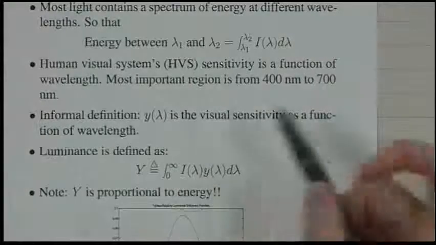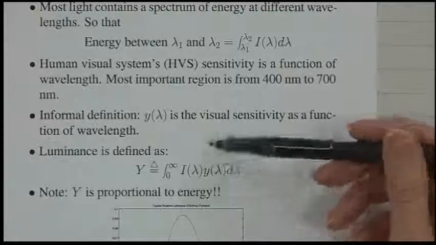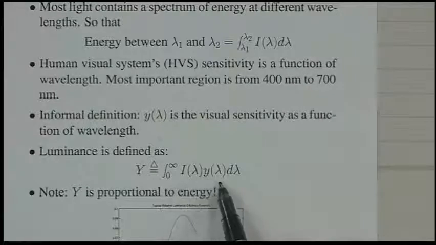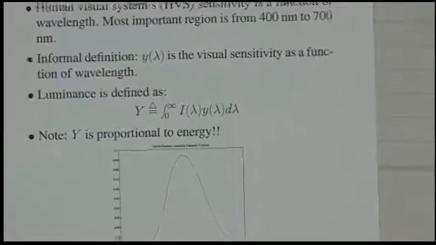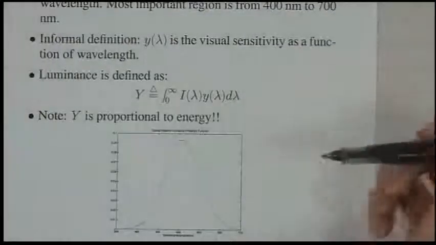What this concept of luminance is, is essentially this light energy, but weighted by a function, this function y, which describes the visual sensitivity of the human visual system to brightness of light.